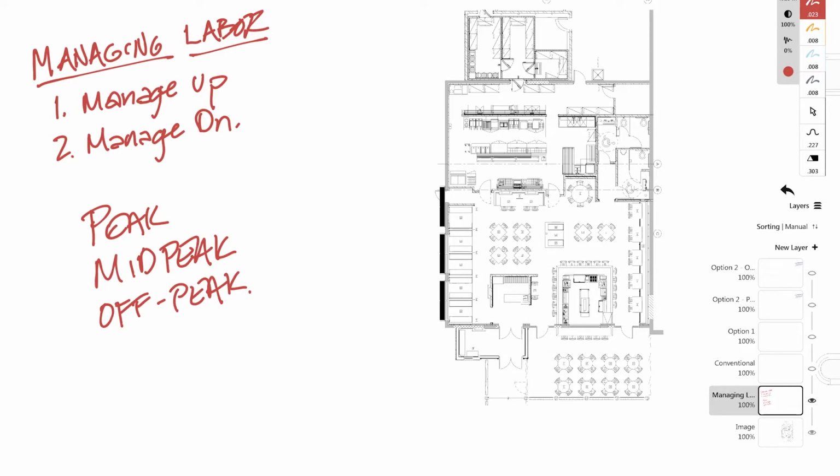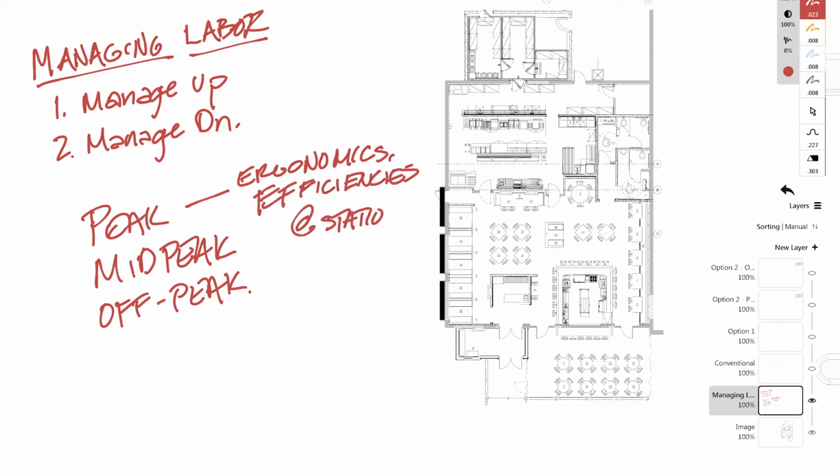So when we're talking about peak, we're talking about the busiest time of the day for your restaurant. And in that case, what you're doing to manage labor is a lot of what we talked about in our last episode, where we're talking about ergonomics and efficiencies of each labor center.